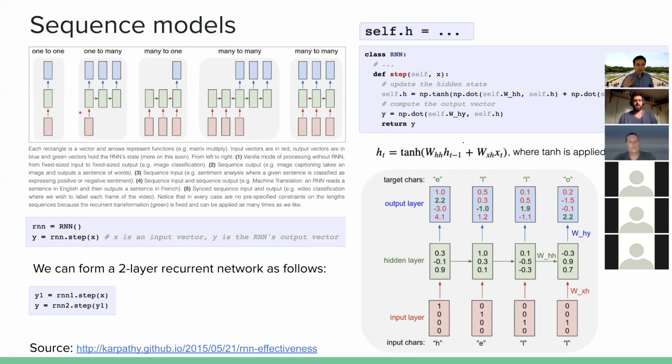Before we take a deeper dive, let's look at some higher level visualizations that will hopefully help us get an idea of sequence models. This one-to-one is one such architecture. What other architectures are there? Another one is you could feed some kind of input and generate multiple outputs, for example image captioning.